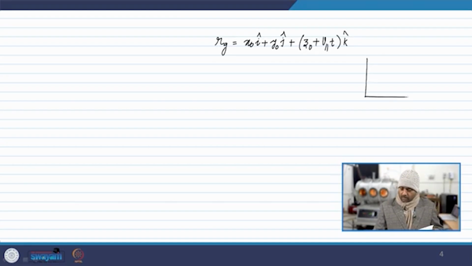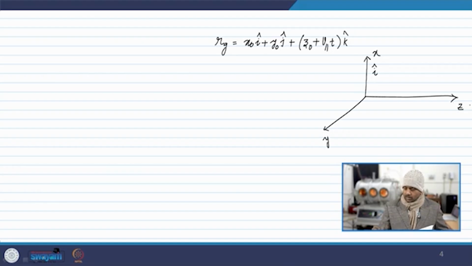Let us draw it for an easier understanding. Okay, so we want to have a right-handed coordinate system, that we are familiar with. So this is x, this is y, and this is z.